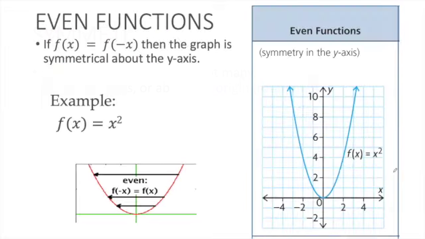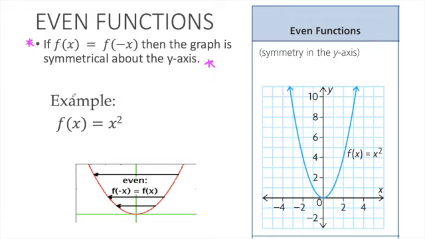Okay, so for even functions, remember our criteria. This is important, you'll want to write this down. If you have f of x, your function, you want your f of negative x, so your negative values, to be symmetrical about the y-axis. Here's your y-axis, so you want everything on the right-hand side, your positive f of x, to equal f of negative x on the left-hand side.